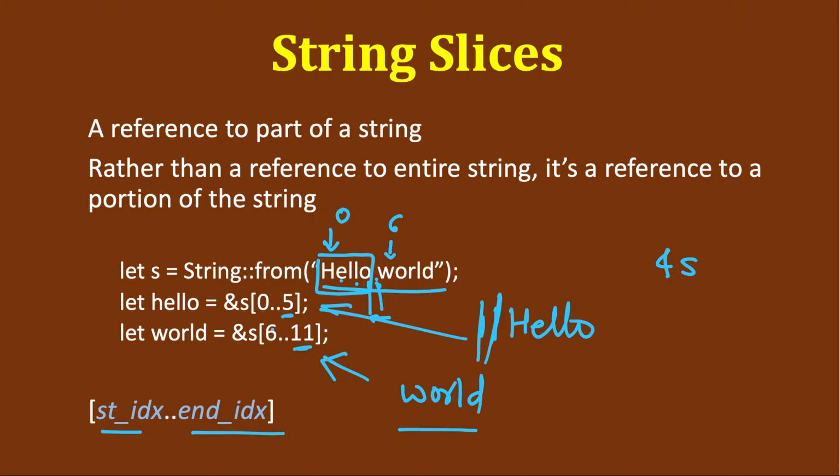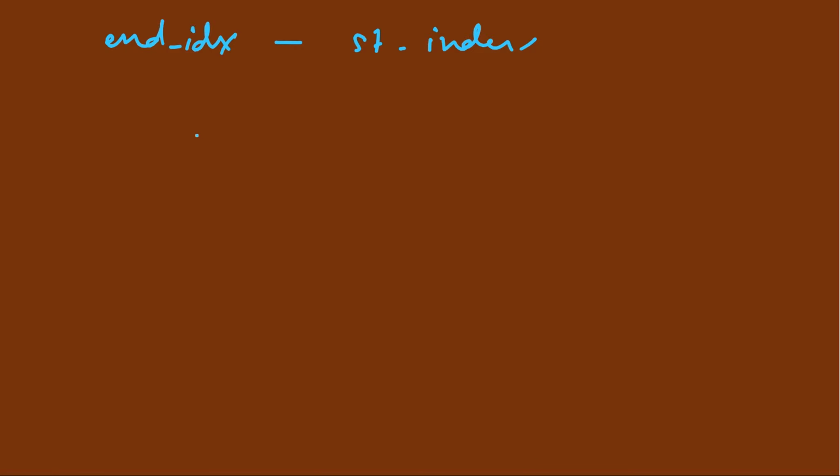So in this case, 6 to 11 means starting from index 6 and the length is 11 minus 6, which is 5. And you can count that it is 5. We will see this in the code also. So internally it works like it has a start index and length.